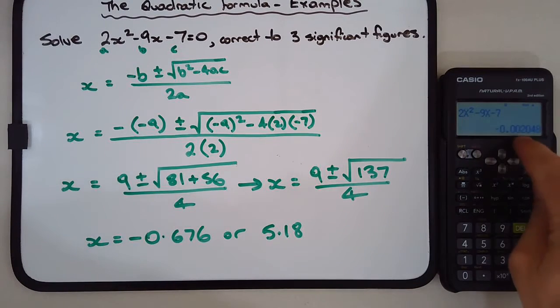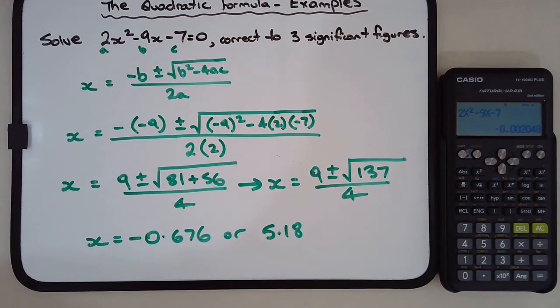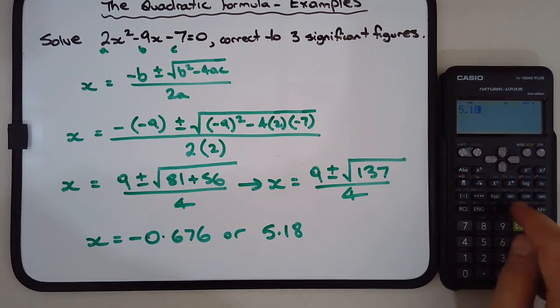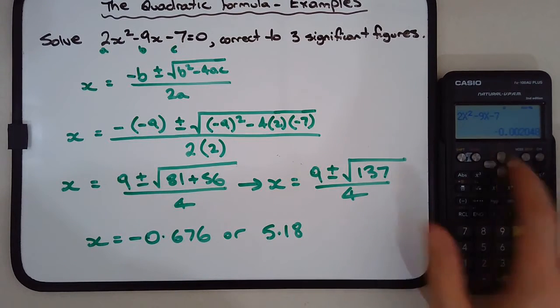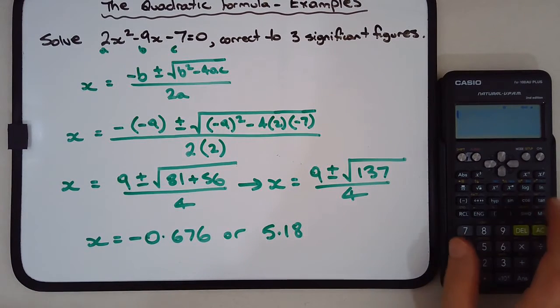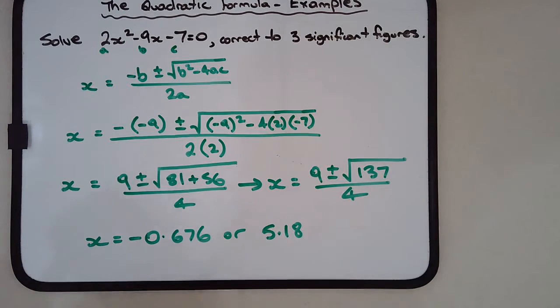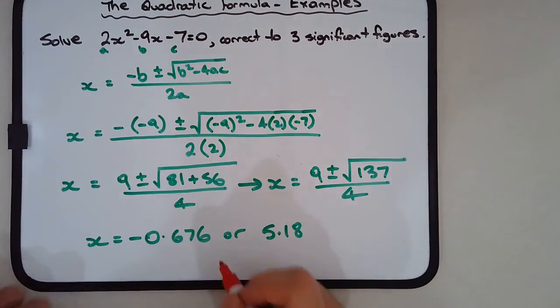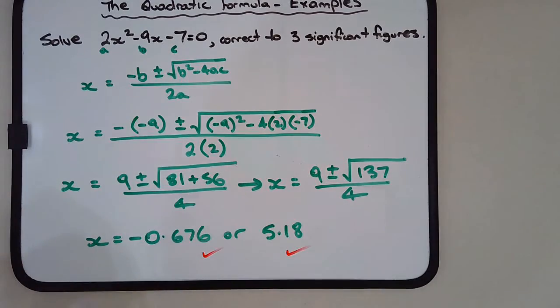I'm satisfied with that. So what about 5.18? Shift store x. Yes, that's an answer fairly close to 0. So remember that we've rounded these, so you're not going to get exactly 0 if you substitute them in, but I think we're close enough there.